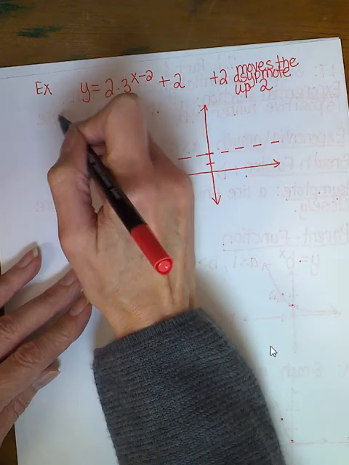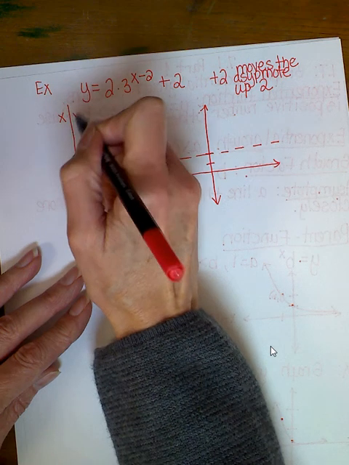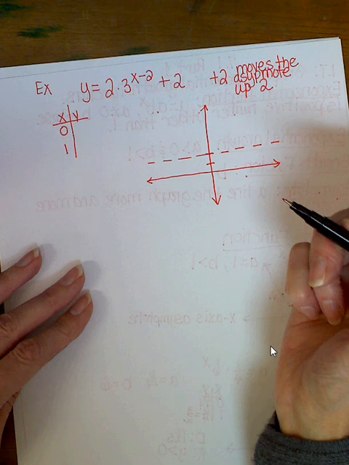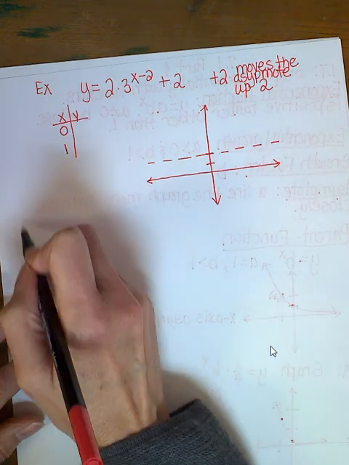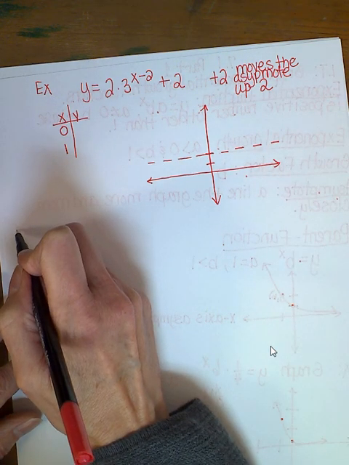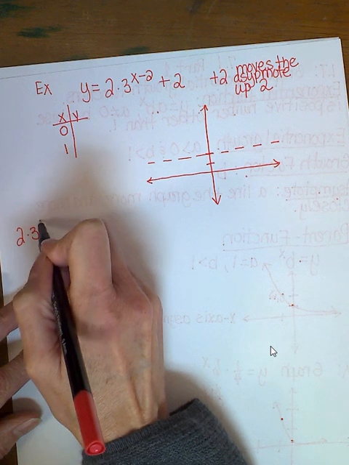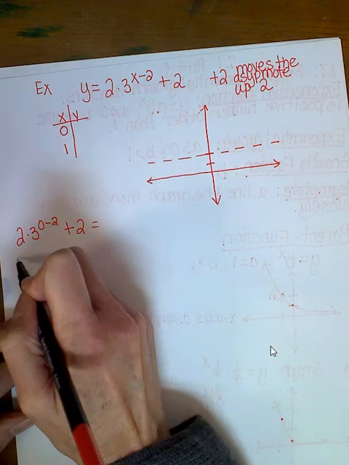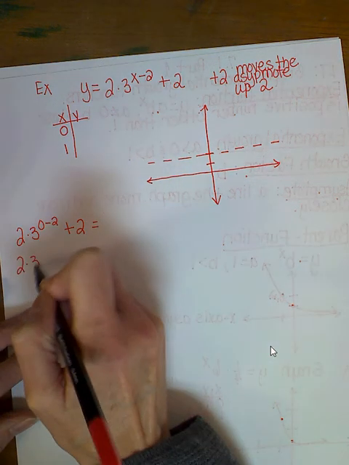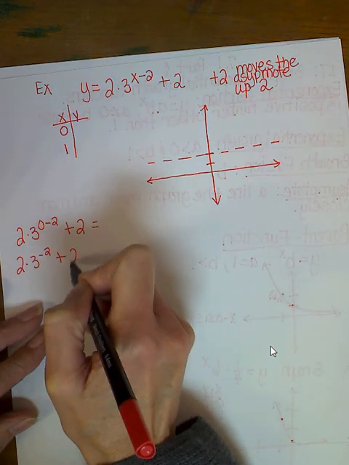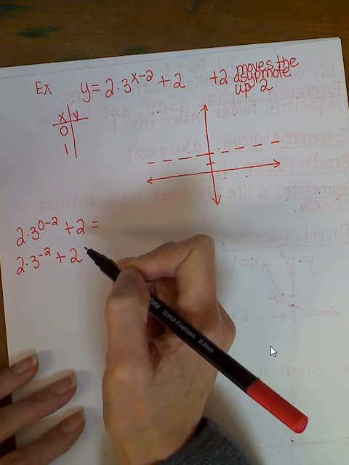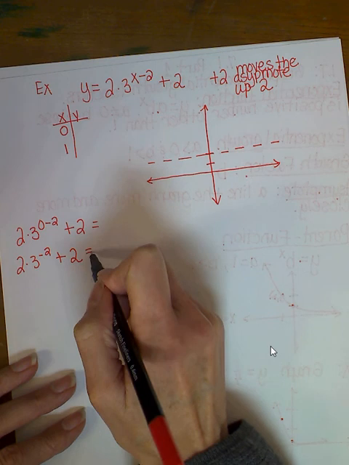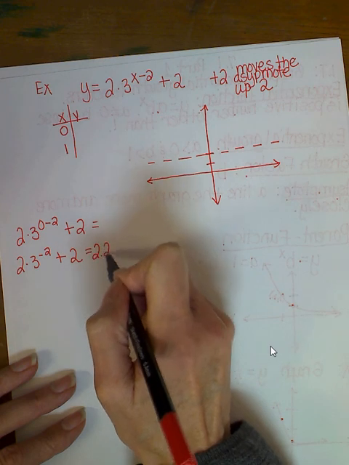Alright, so again I'm going to make a very simple x-y table, plugging in 0 and 1. Alright, so let's do the work right here. If I plug in x equals 0, and 2 minus 0 is -2, and I want you to go ahead and get the decimal approximation for this. And if I plug that in my calculator, I get 2.2. Okay.